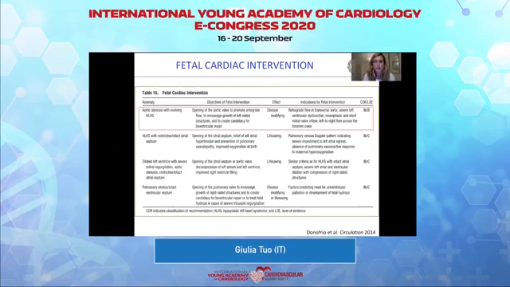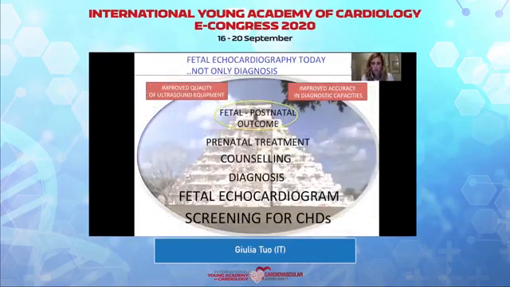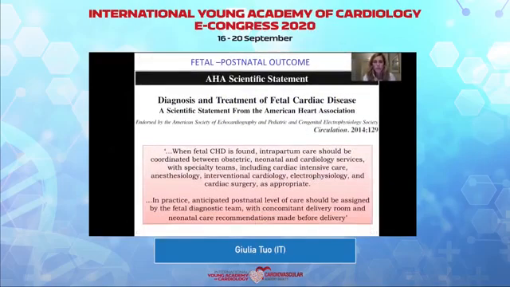So with the fetal valvuloplasty, we try to stop that involution of the heart, and in that way we try to improve the natural history of that condition.